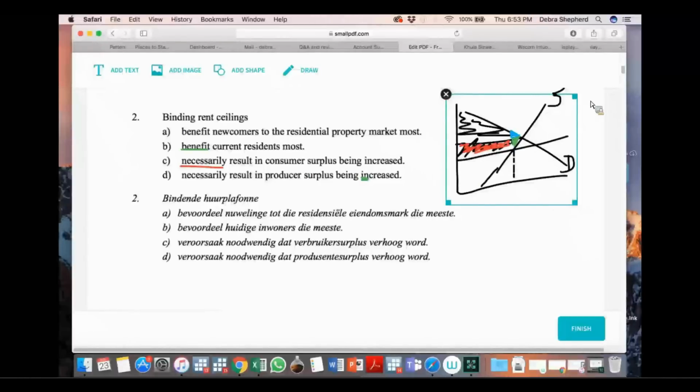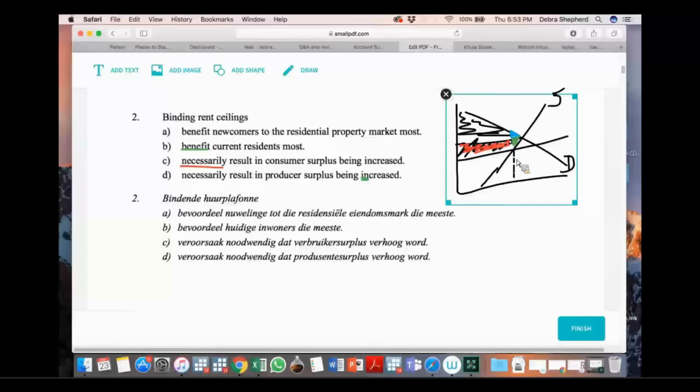And if I'd drawn my graph that way, you would actually see that any gain in consumer surplus because of a lower price could actually end up being smaller than a loss in consumer surplus due to deadweight loss. So there's two things that are happening here.